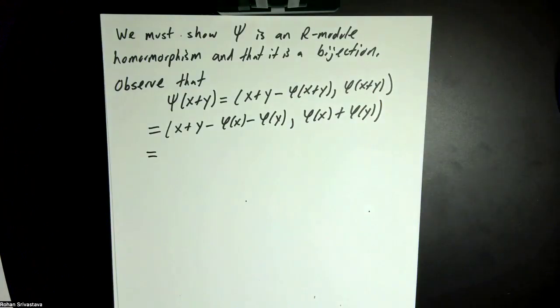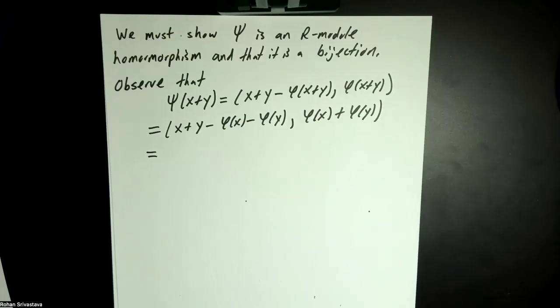Okay, and now the direct sum is a left R module. It's an abelian group under addition, and the addition is component wise.